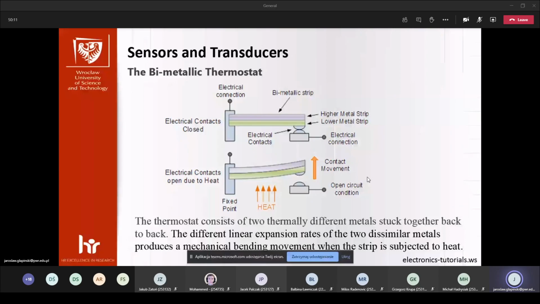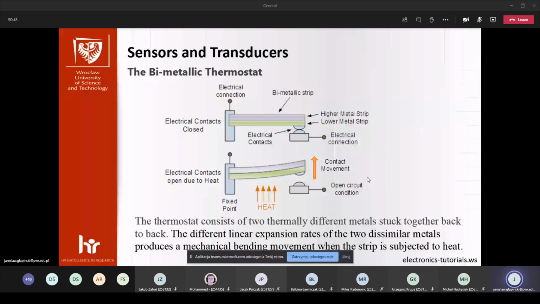We can produce an element that can transfer heat into, maybe not energy, but it can open or close the electrical system. So we can sense if it's over or under the temperature set for this special kind of metals.